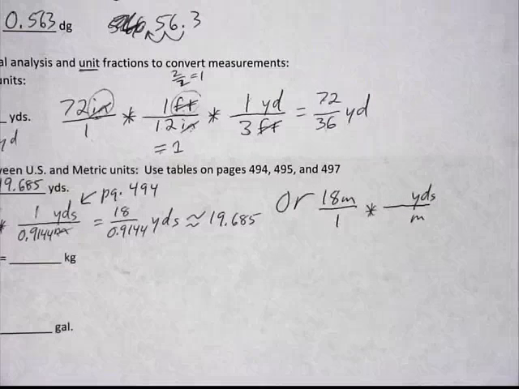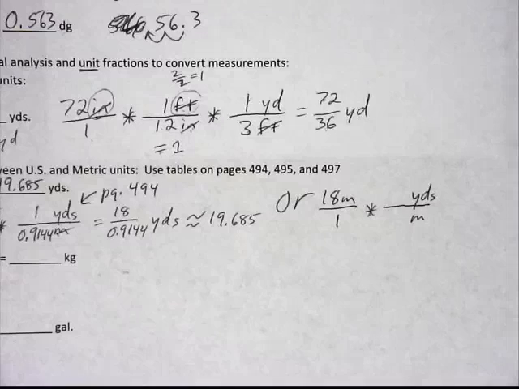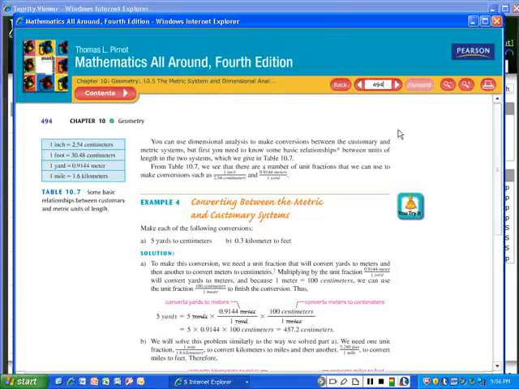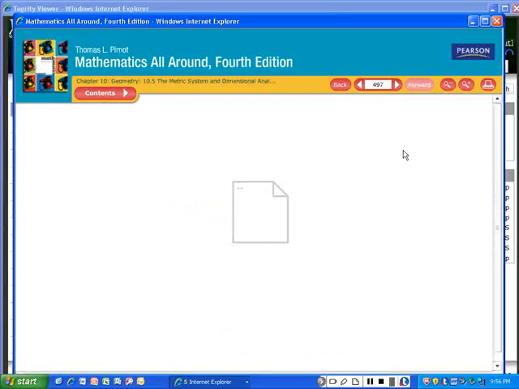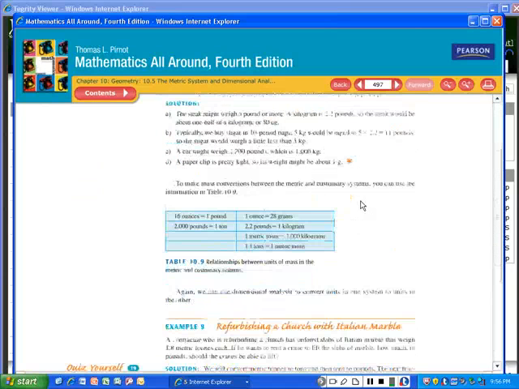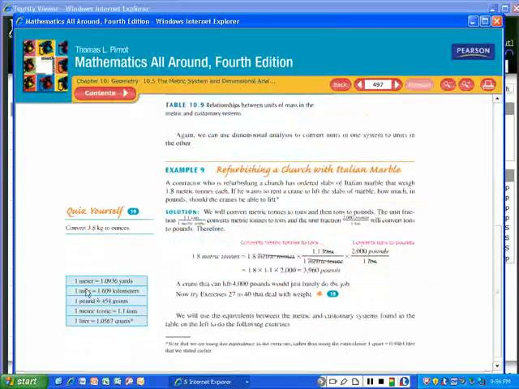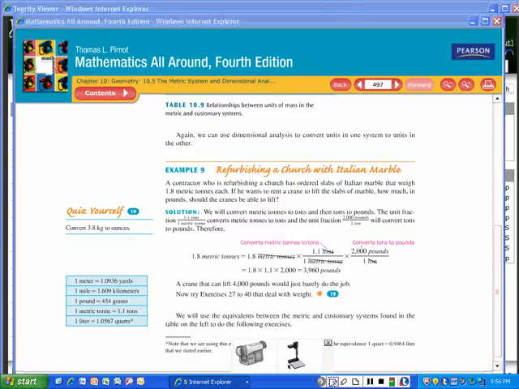And if I go to page 497 in the book, you'll see another conversion factor. Okay, so page 497, down here on the left-hand side, notice it has 1 meter equals 1.0936 yards. So I could use that one instead, and let's see what happens when I do that.